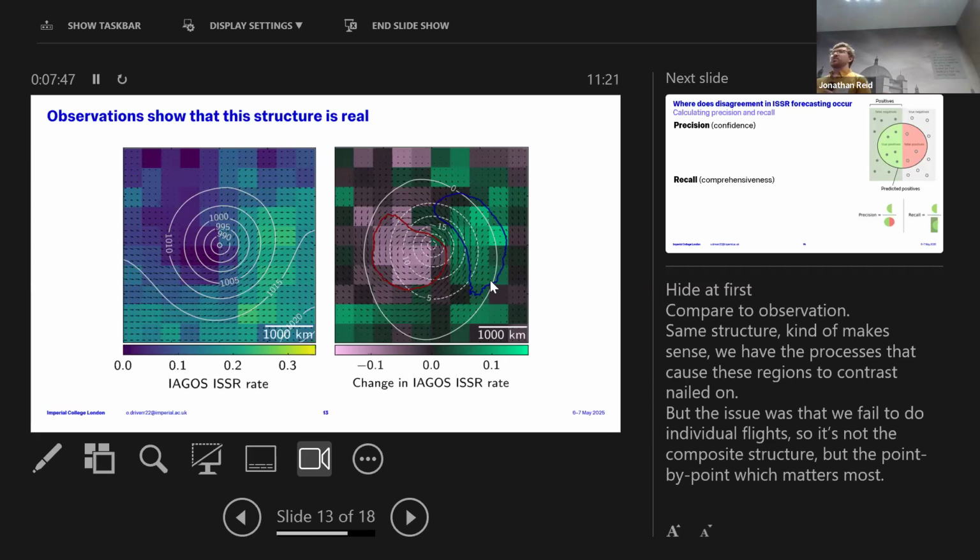But that doesn't really answer the question that we want to answer, which is what is the impact on the individual flights? How well do the models capture the behavior of the individual flights, and where do the biases come into play as they're related to the processes that build up in these systems?